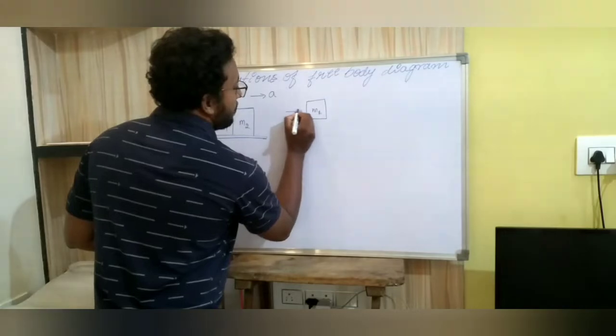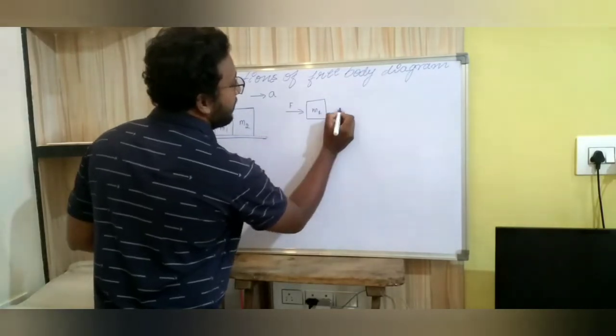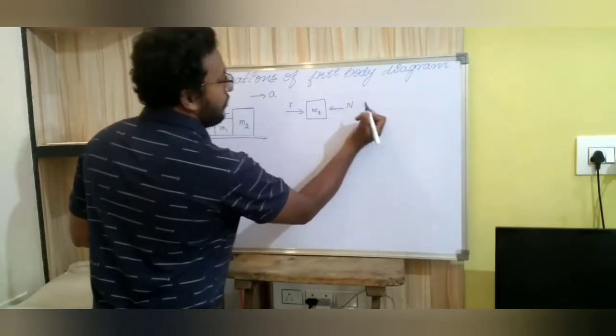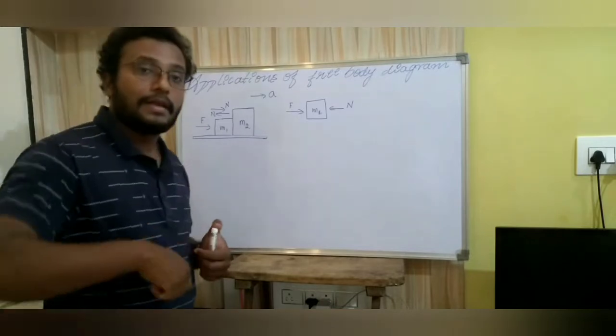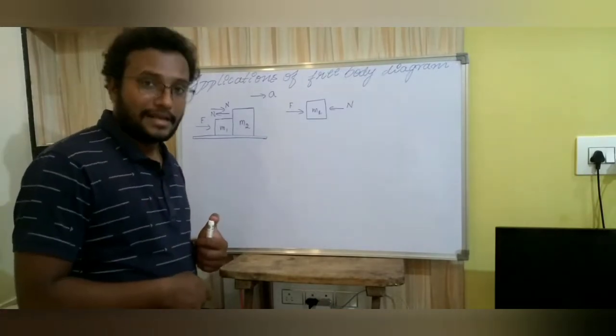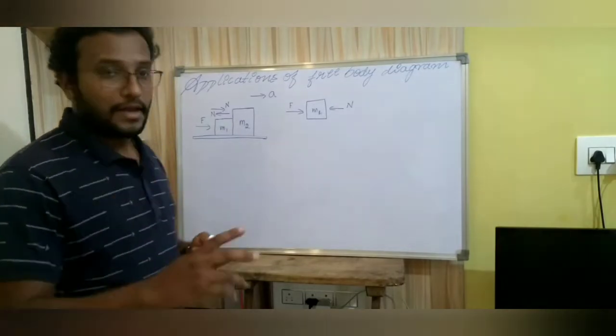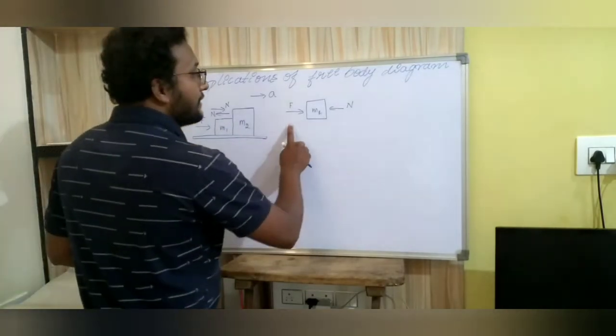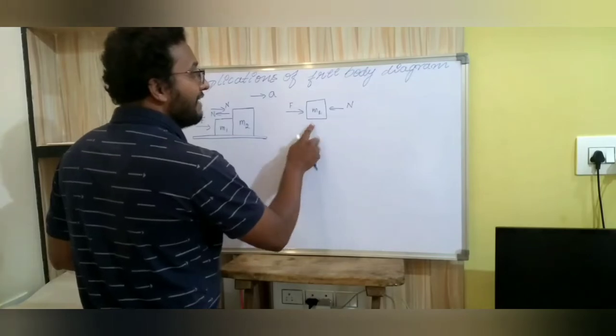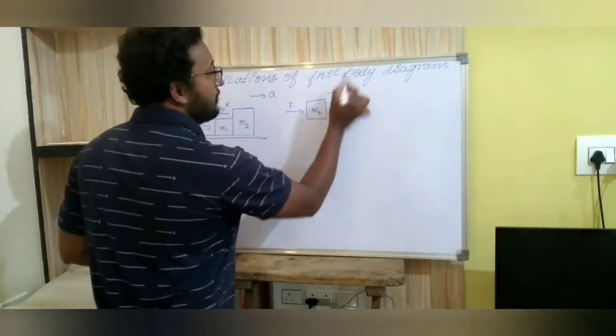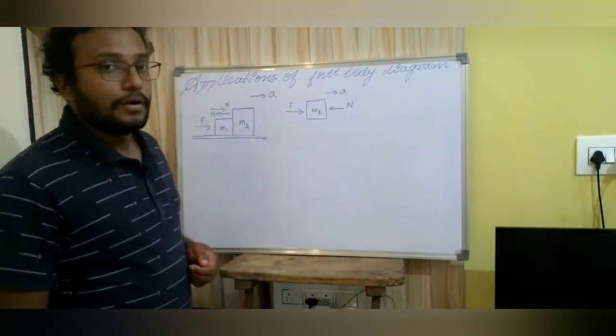So those 2 forces can be represented something like this. Here I am not considering the forces along the y-axis, because the object is not accelerating along the y-axis. As a result of these 2 forces, m1 is accelerating with the acceleration equal to A.